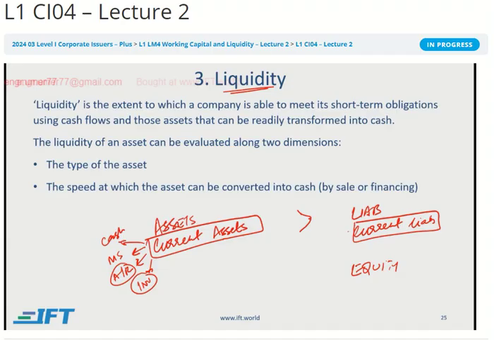And your current liabilities might include accounts payable, so you can use this cash or marketable securities or convert your accounts receivable and inventory into cash to pay for this accounts payable, which basically means that if your current assets are greater than your current liabilities, then your liquidity position is good.